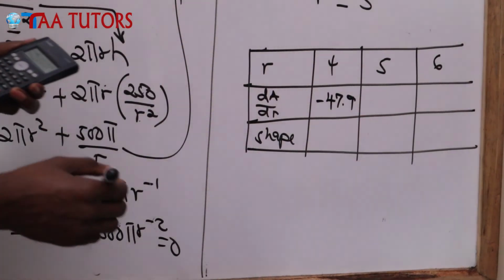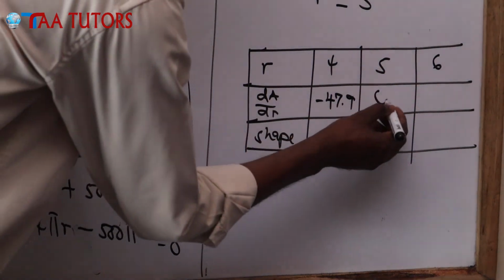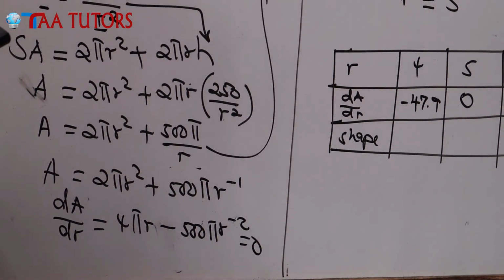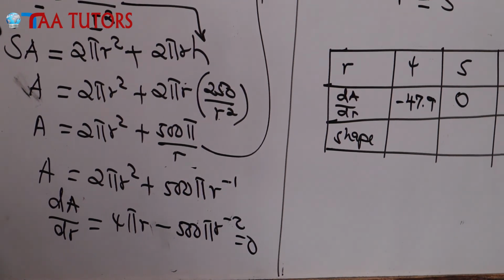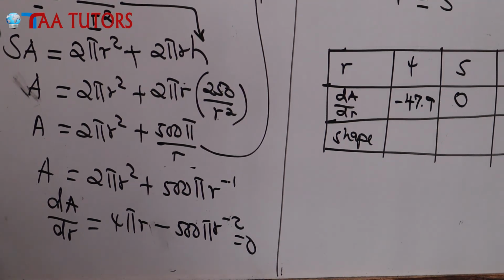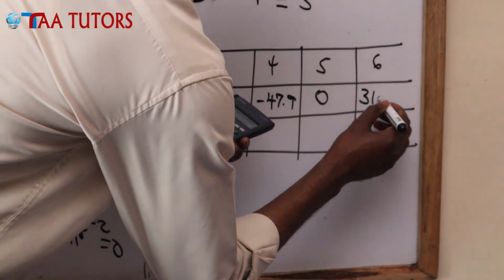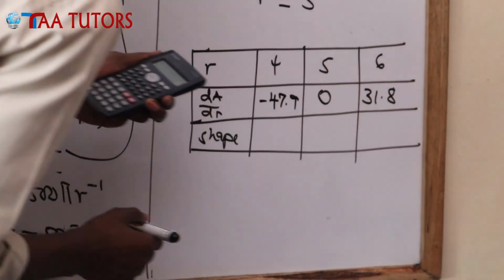That gives me negative 47.9, rounded to 1 decimal place. Here at 5 it is 0. What about if it is 6? It's going to be 4 pi times 6 minus 500 pi times 6 to the power negative 2. That is positive 31.8, correct to 1 decimal place.